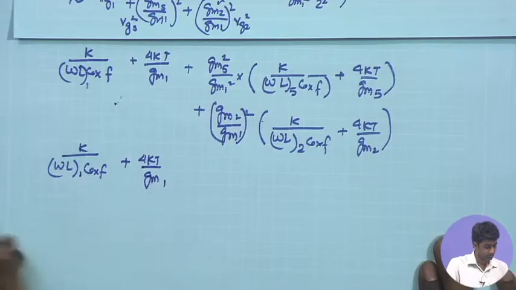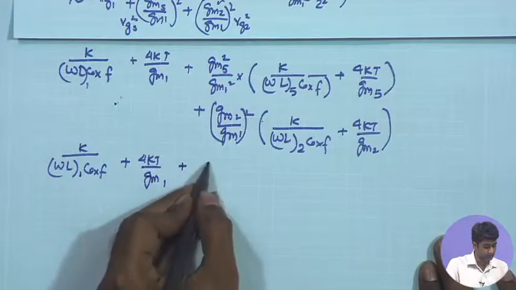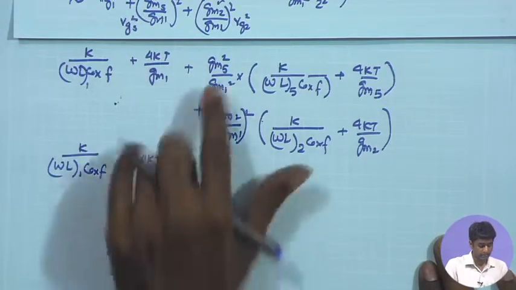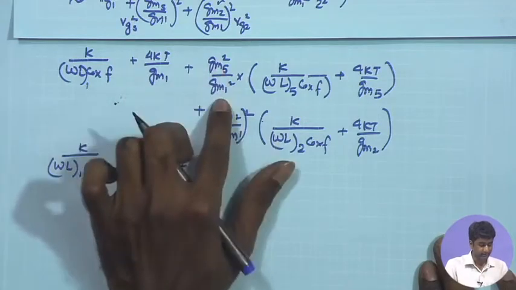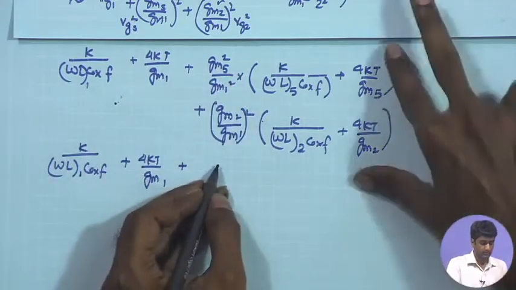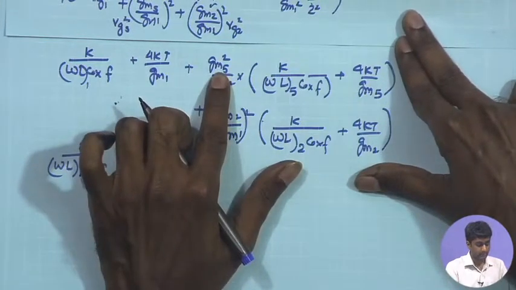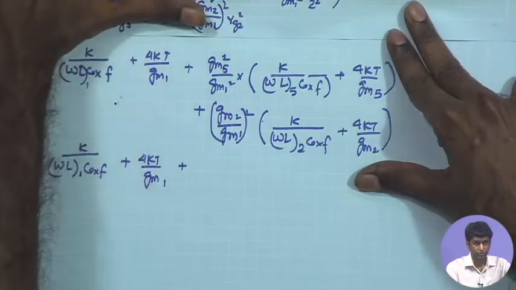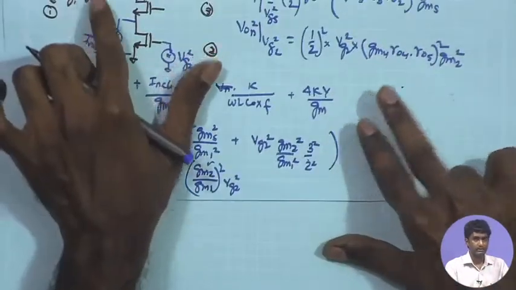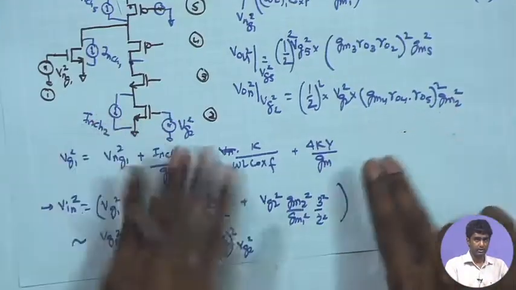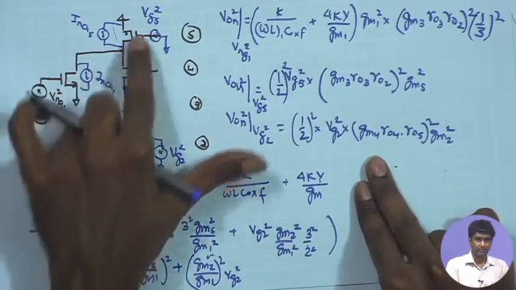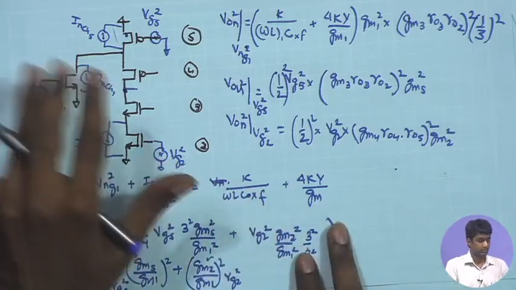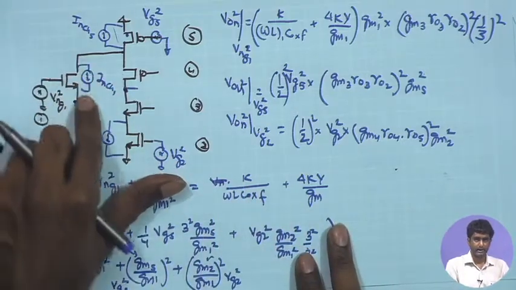So GM1 is having root under W by L dependency, and GM5 square, if I just look at the parameters, you are going to have the ID5 and you are going to have the W by L. If I look at GM5 and GM1, once again their currents are kind of ratioed. So if I can assume that the DC currents in M5 and M1 and this entire stack are not independent. For example, I can keep a total current I over here and I over here.